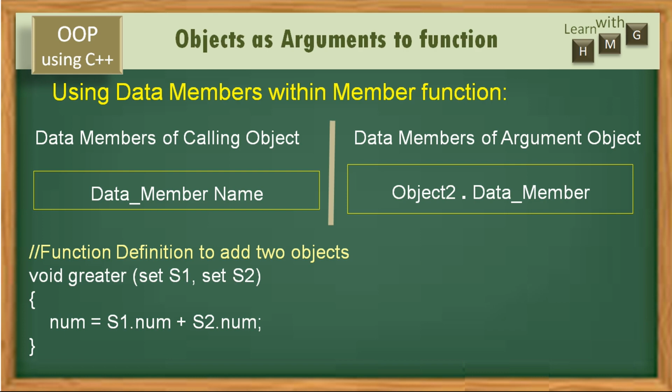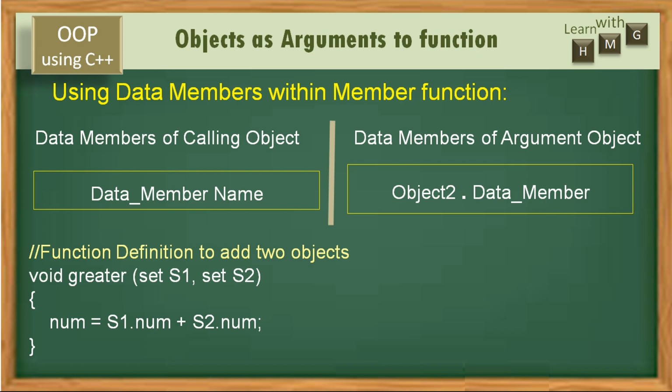But here s1 and s2 are explicitly passed as arguments, and whenever you write the function body, you will need the data members of all three objects: the data member of the calling object, the data member of the first argument object, and the data member of the second argument object. As per the above format, the formula is written: num is equal to s1 dot num plus s2 dot num.